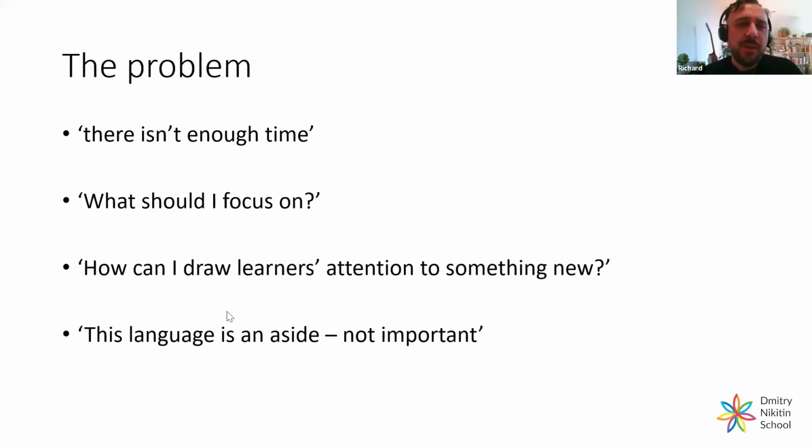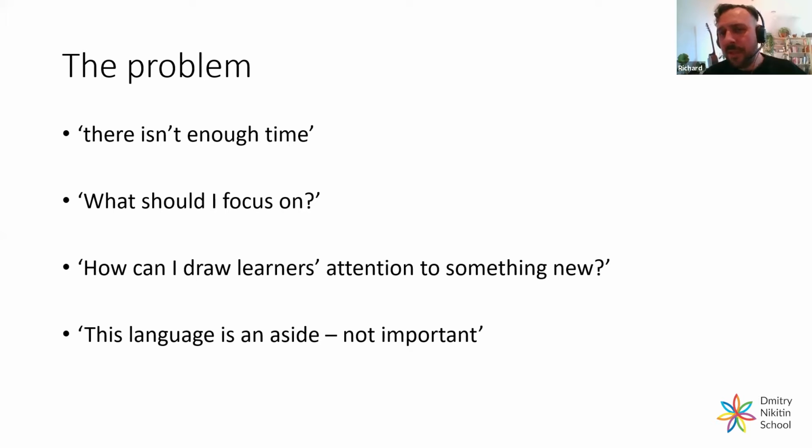So I work with quite a lot of teachers and experienced teachers as well, very experienced teachers like yourselves, and new teachers, and teachers on Delta courses and teachers on master's courses and whatever. And these are some of the problems that they say that they have with this idea of emergent language and not just going in and teaching your lesson regardless of what the students need to know.